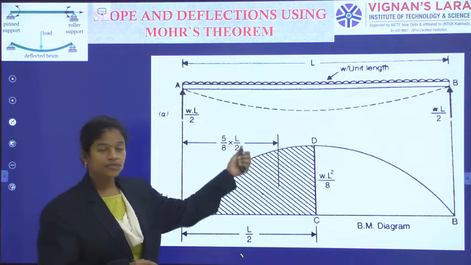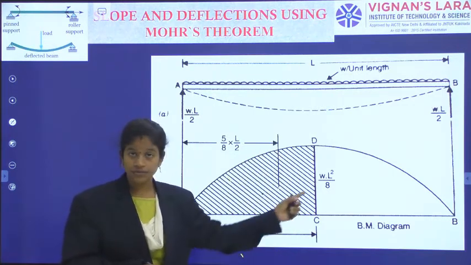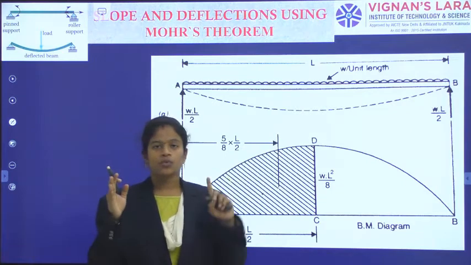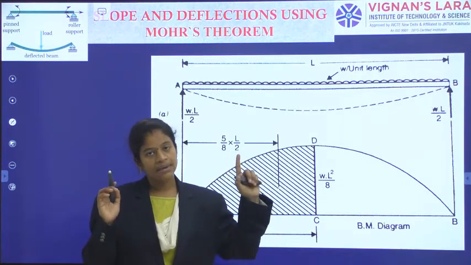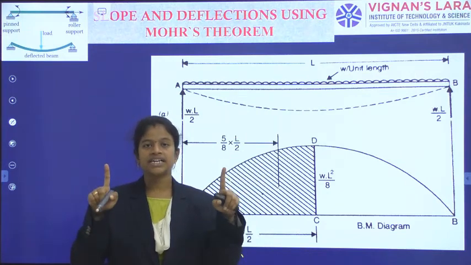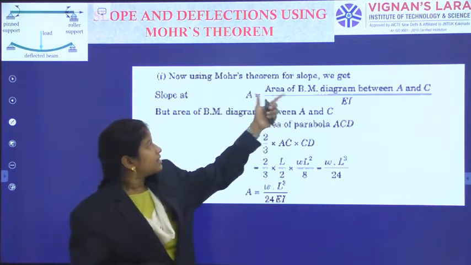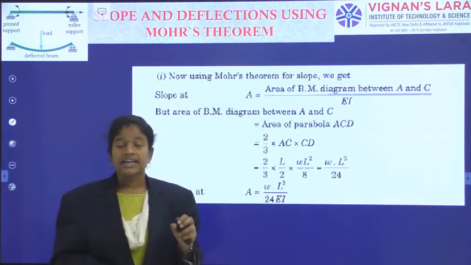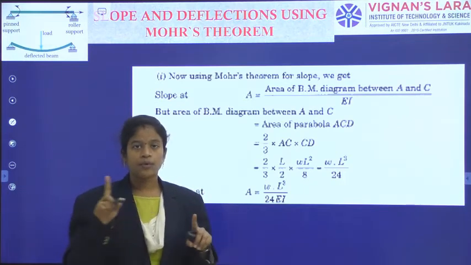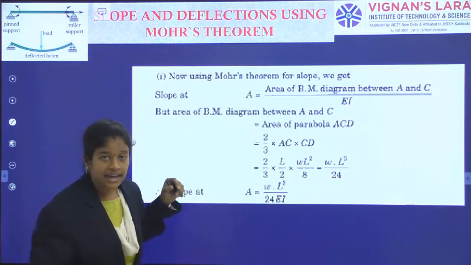So 5/8 of L by 2 is the distance of the center of gravity of this shaded portion only, not for the entire. Up to the center I am considering because at one point it is 0, at the other it has a value. So at A I have theta, at C I have 0. That's why these two are the points I will consider. Now, when you calculate the slope at A, consider the area of the bending moment diagram between point A and point C, using the moment area method.